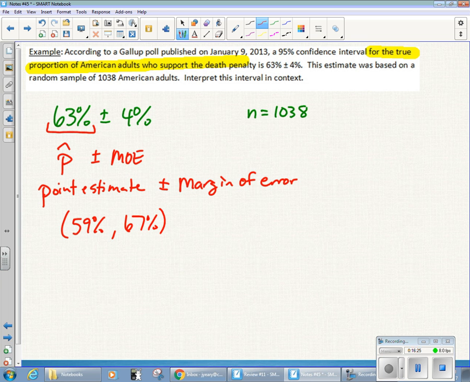So they believe the proportion of people who support the death penalty in America is somewhere between these two values, 59 to 67. They're not real sure where, but at least they've narrowed it down from out of 100%. Now they've got an 8% span that they feel like that particular parameter is within.